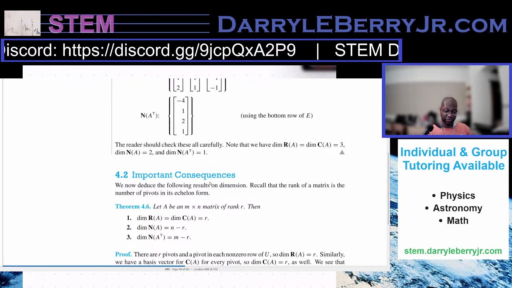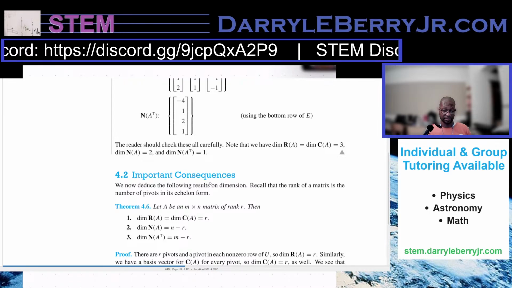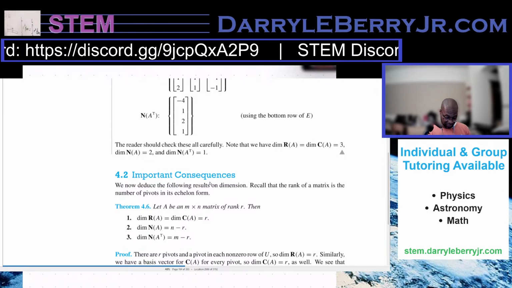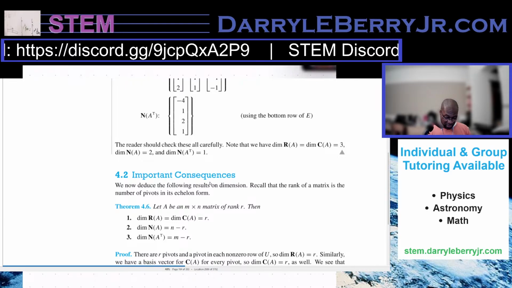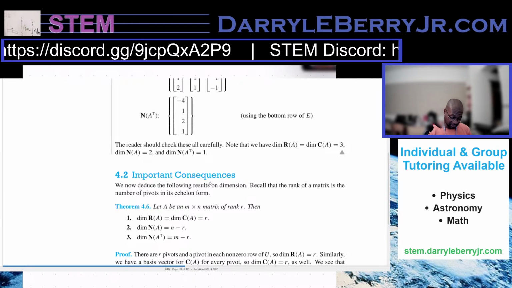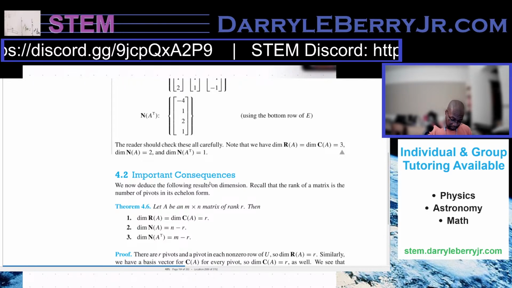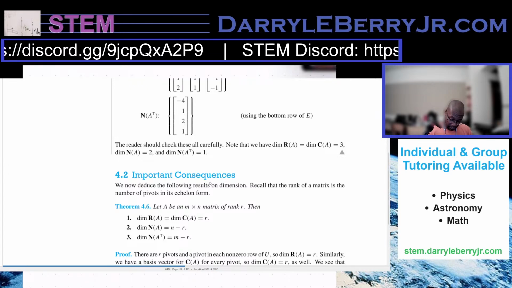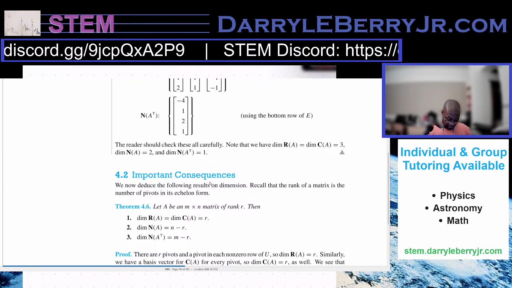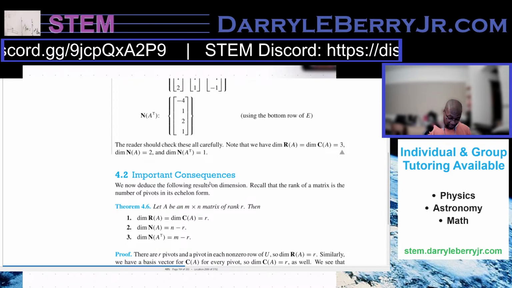So let's see if the dimension of the row space equals the dimension of the column space, and it is the rank of the original matrix. So we have two pivots. So the rank of A equals 2, and 2 equals R. So does the row space have two vectors? Yep, the dimension is 2 equals R.